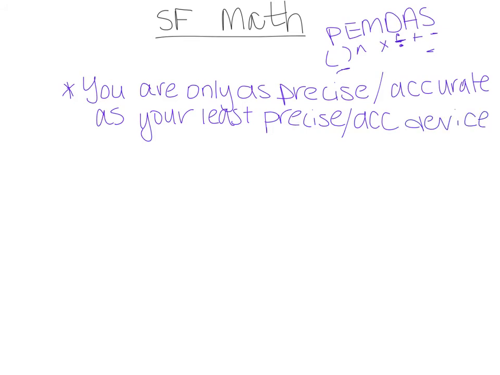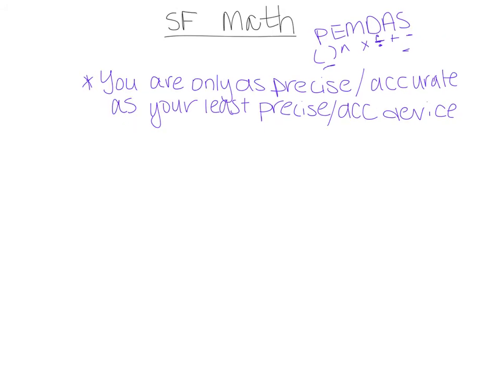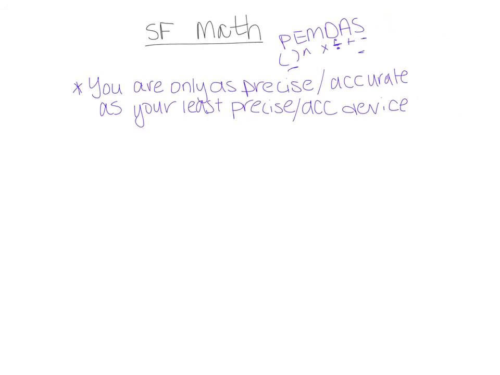Okay? So if you have ever heard the little saying, you're only as strong as your weakest link, that's the idea. Okay? And that's why we do what we do. So now that you have that, that's the overlying idea.